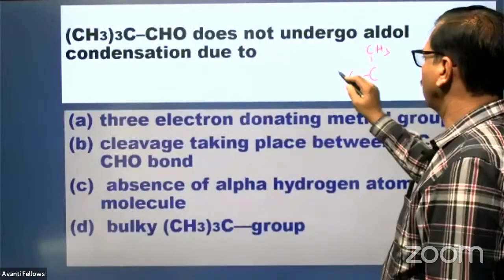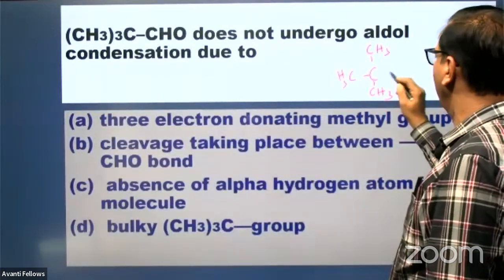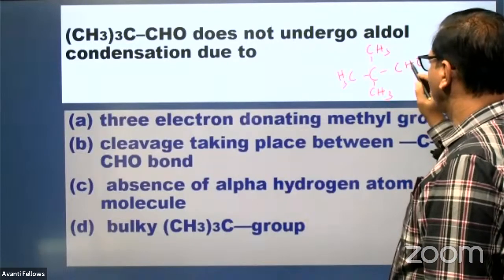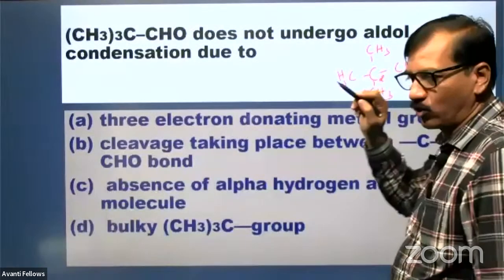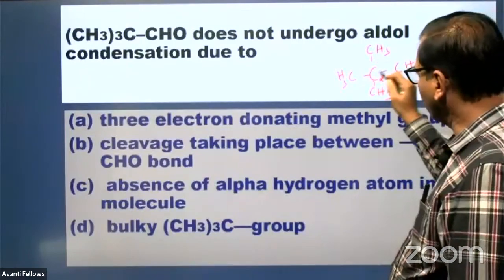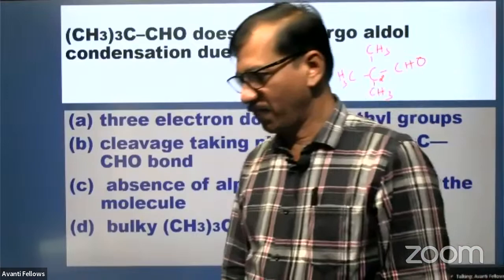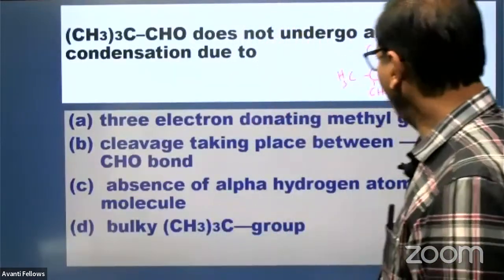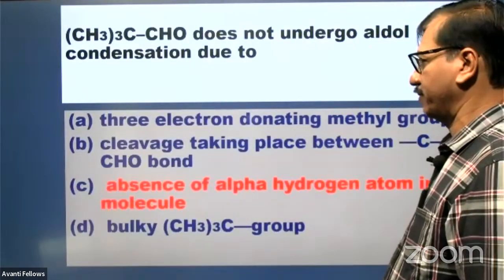This is CH3, CH3, CH3 on a carbon, and CHO. This is the functional group and this is the alpha carbon. The alpha carbon is not having hydrogen. If there is hydrogen on the alpha carbon, it is acidic. If alpha hydrogen is not there, then it won't undergo aldol condensation. Therefore, option C is the right answer.